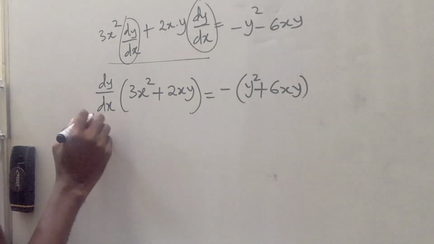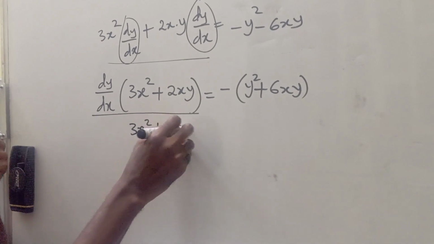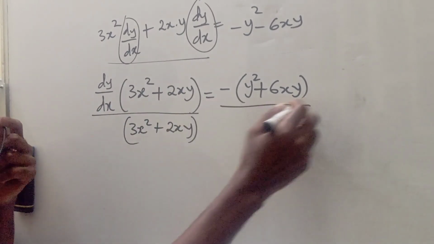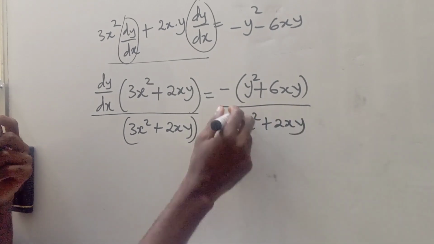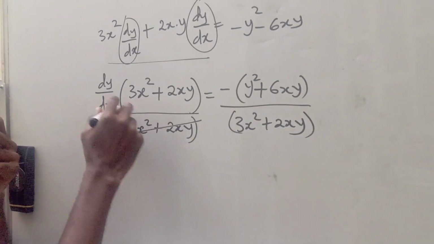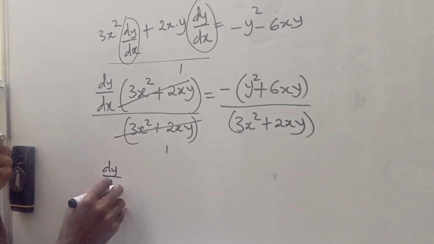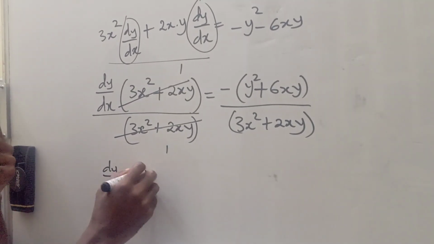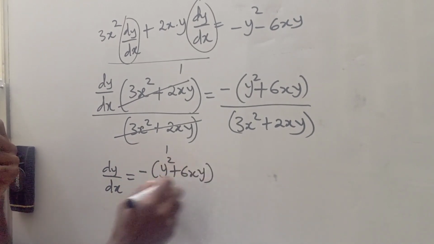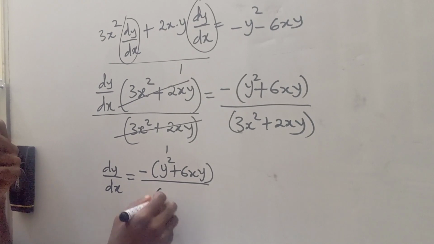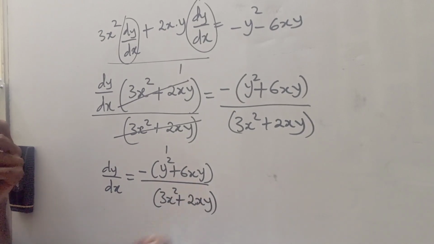So from this, I can divide here by 3x squared plus 2xy. I'm going to do the same here, so 3x squared plus 2xy. So this can cancel out. This is 1, 1. So we're left with dy over dx, which will give us minus y squared plus 6xy divided by 3x squared plus 2xy.